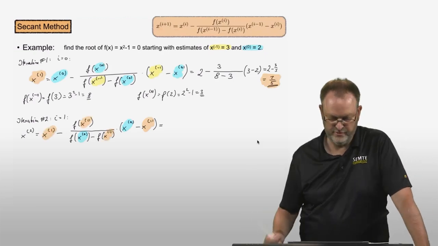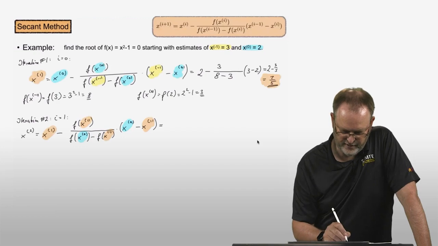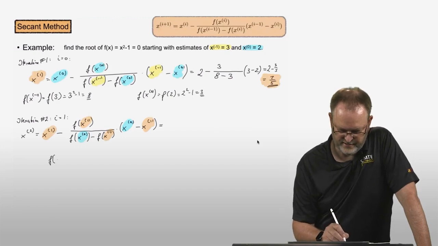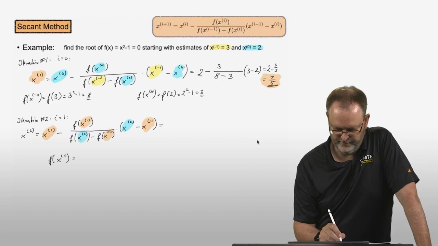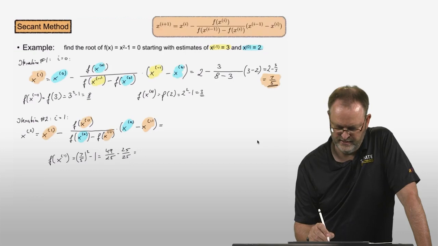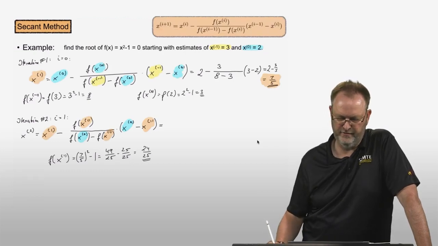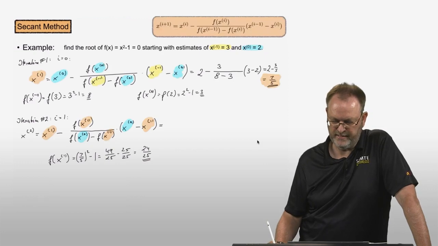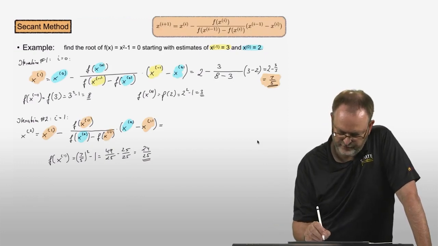Okay, so now I need to know what is f of x1. So x1 was 7/5, so that's 7/5 squared minus 1. It's 49 over 25 minus 25 over 25. That's equal to 24/25. That's my f of x1. And let's plug the rest of the values into the formula here.